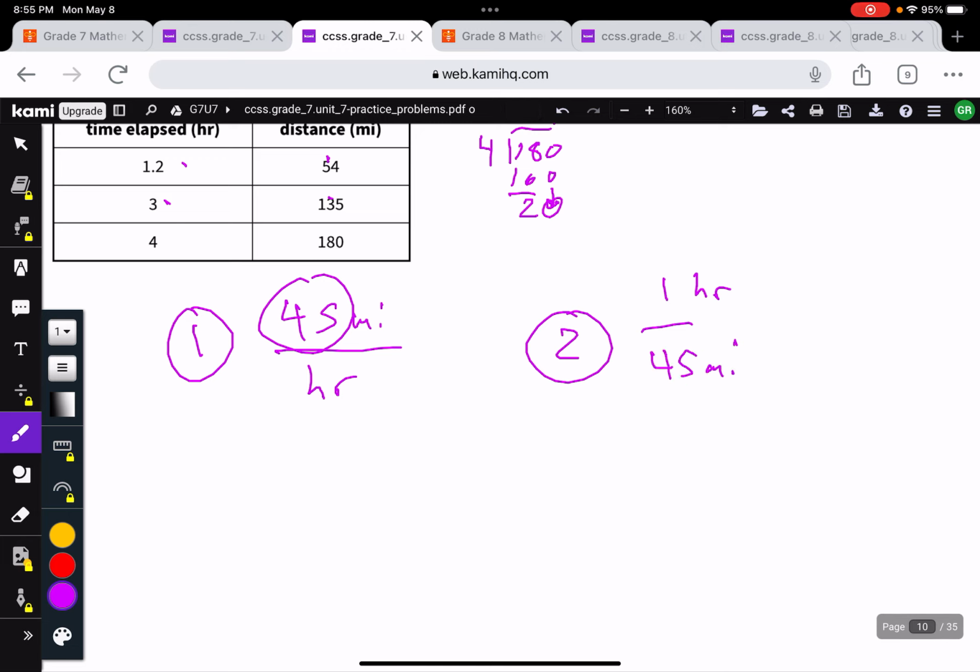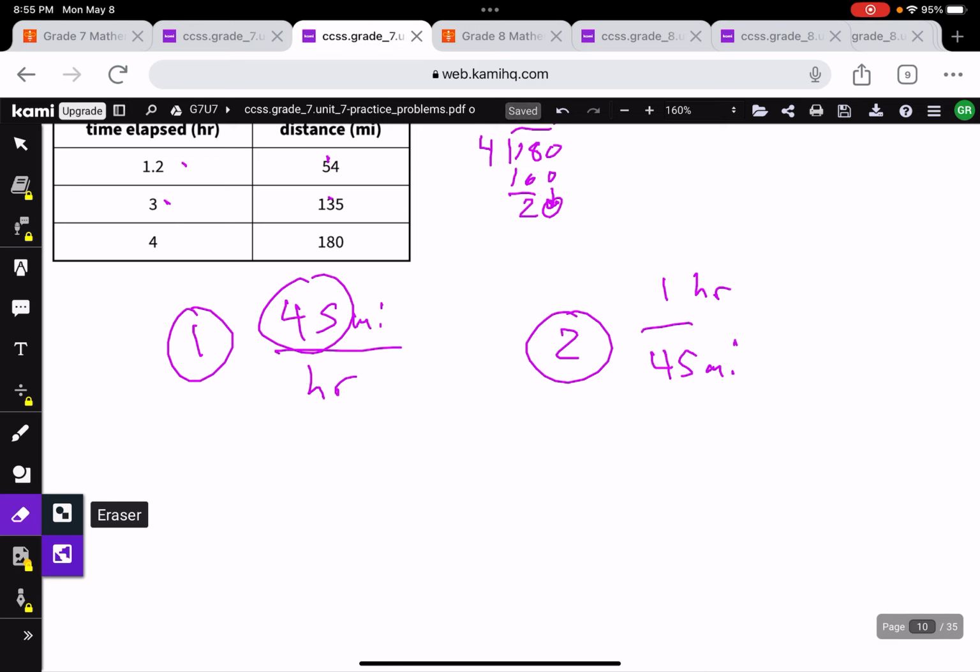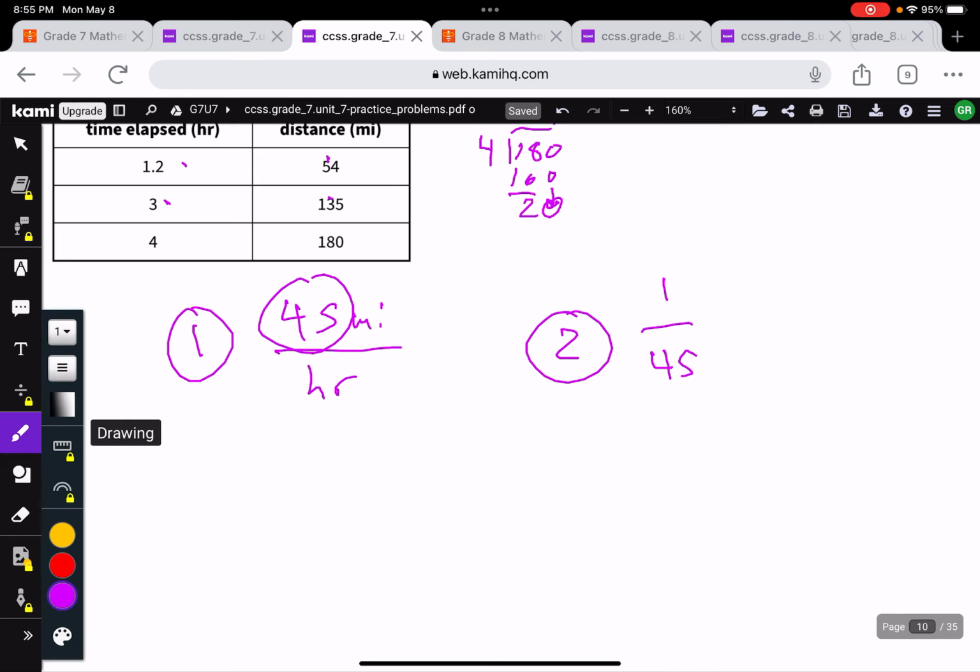Am I saying that right? If it's 45, then the other one is 1/45. 45 miles, 1 hour goes 45. No, I think I've got that backwards. Because the constants of proportionality are just reciprocals, 45 and 1 over 45.